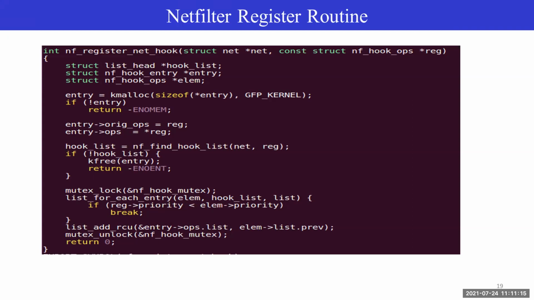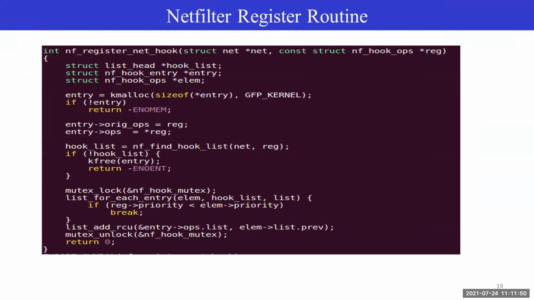Whether you are registering your callback function in pre-routing, local in, forward or any other hook point, you need to call this particular function. So the first thing it needs to do is find out whether this callback is for hook number 1, hook number 2 or hook number 11. That is done through a function called nf_find_hook_list.